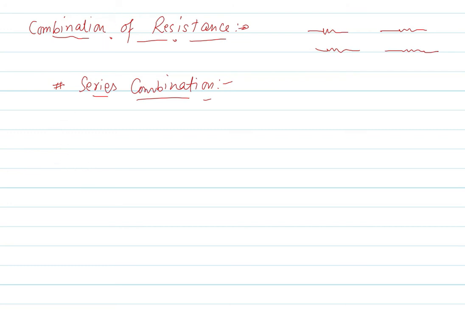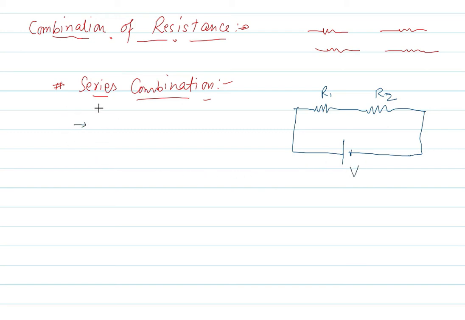So what happens in series combination? We have two resistances, and these two resistances are combined like this from end to end, and these are further connected to a battery like this. Suppose a battery is not mandatory, but in order to get a clear picture, I have represented a battery as well.